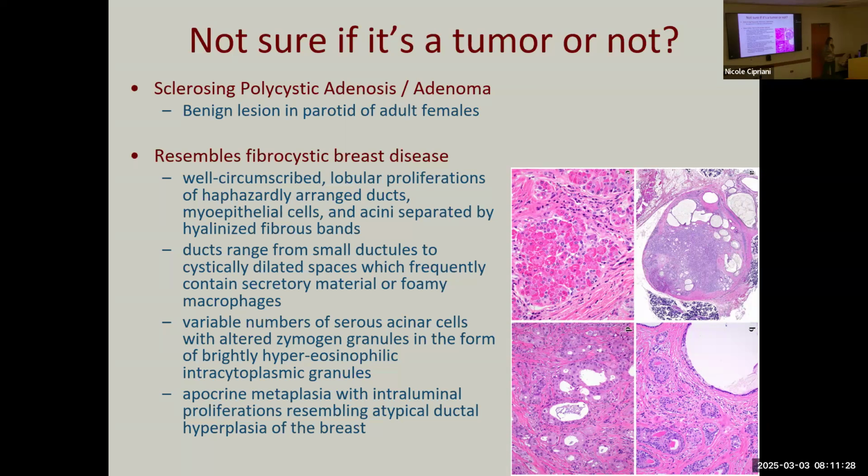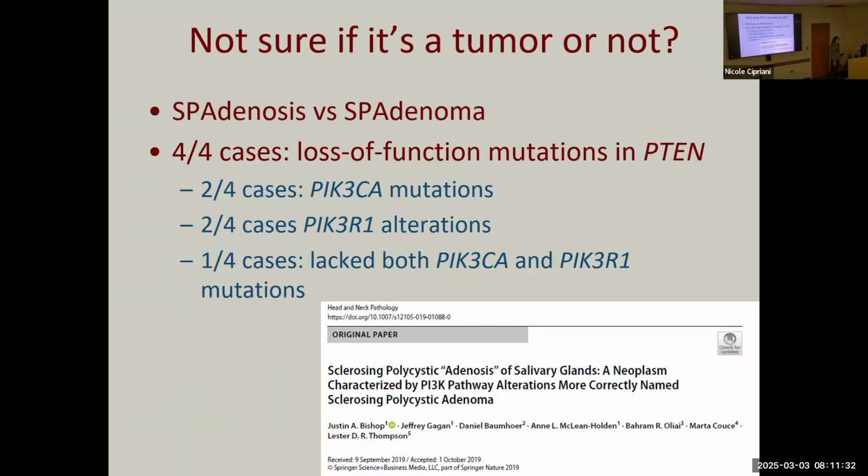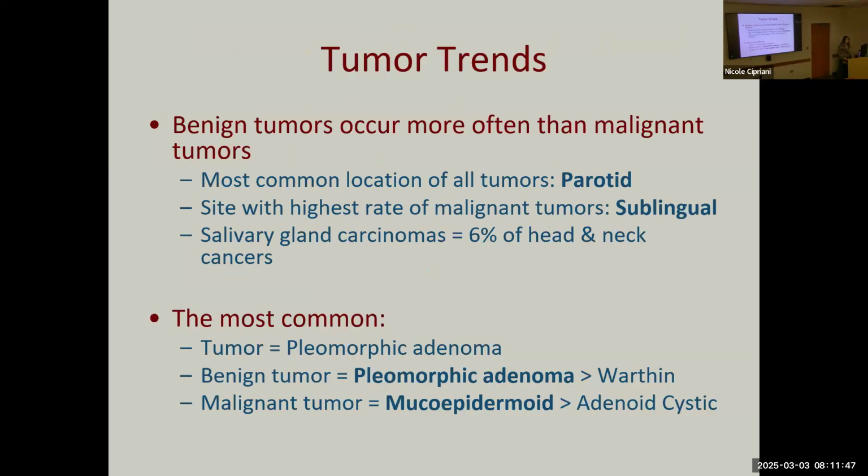This used to be thought to be a reactive or hyperplastic disease, but recently a series of mutations has been found. So just keep your eye out for sclerosing polycystic adenoma, but it's one of the rare salivary neoplasms. The more common neoplasms we'll get into now.